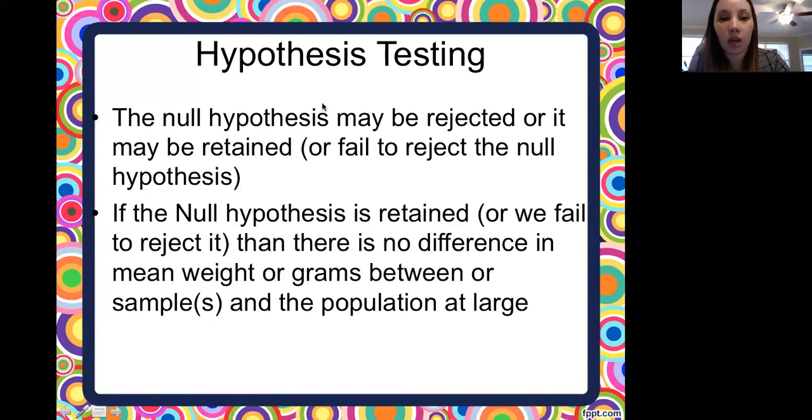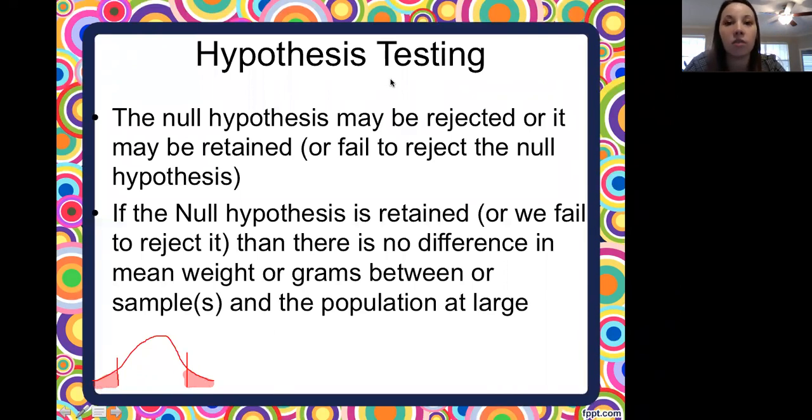So basically, if we retain the null hypothesis, our rejection region is out here. Let's make it a little prettier. So here's our rejection region. If the null hypothesis is retained, there is no difference between our sample and our population.